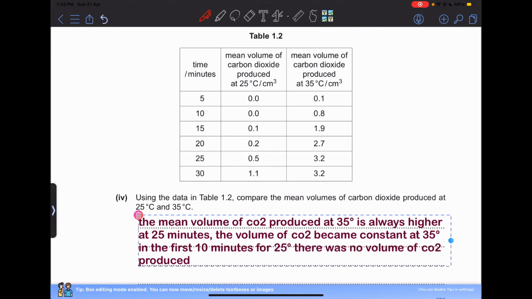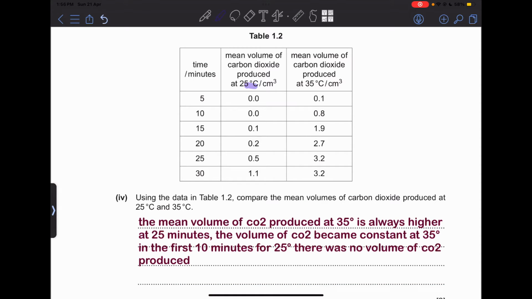It's always higher in 35 degrees. For example, at 5 minutes, the 25 degrees was at 0, and the 35 degrees one was at 0.1 already. And at 10 minutes, it was still 0 at 25 degrees, and at 35 degrees, it is at 0.8.